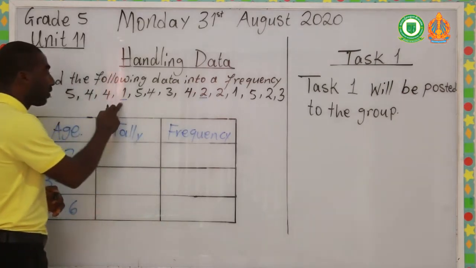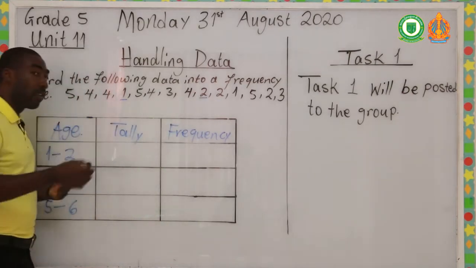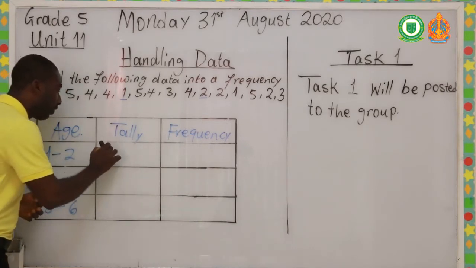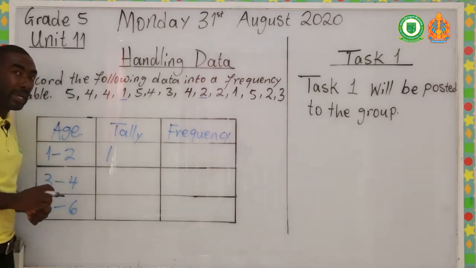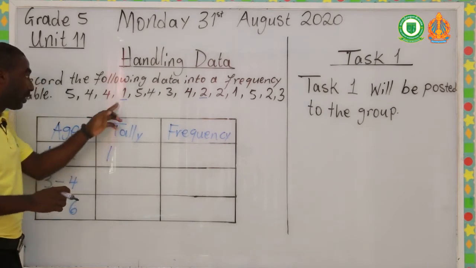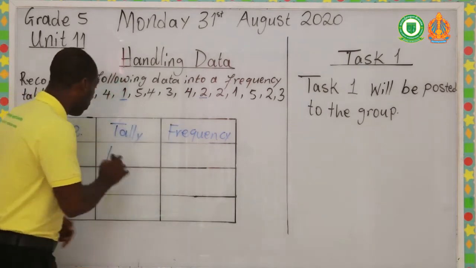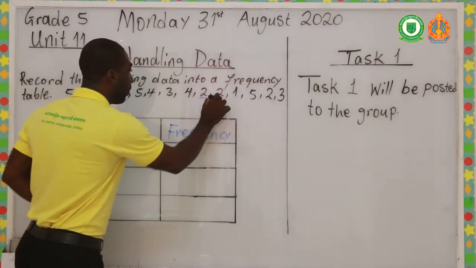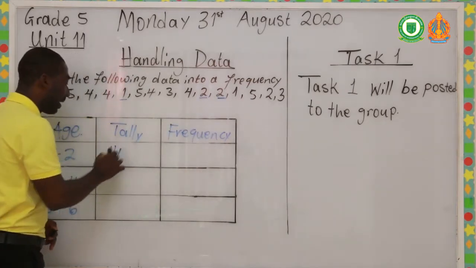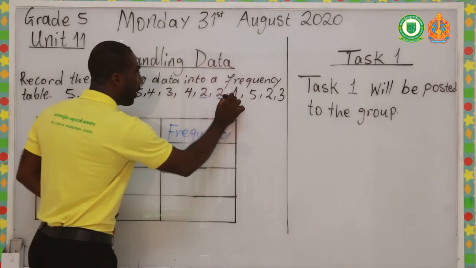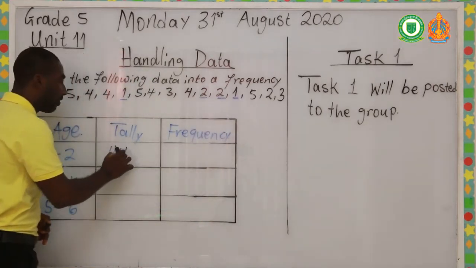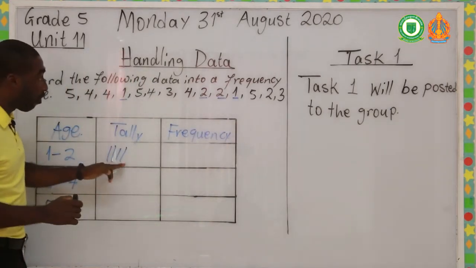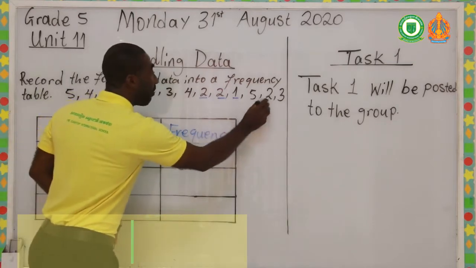When you find this one, in order not to get confused, you have to make your tally mark. We make one tally mark for this one, and then this 2 will also have a tally mark here. The next 2 will also have another tally. We have 1 here, that will also have another tally. So we have 4. This becomes the 5th one.